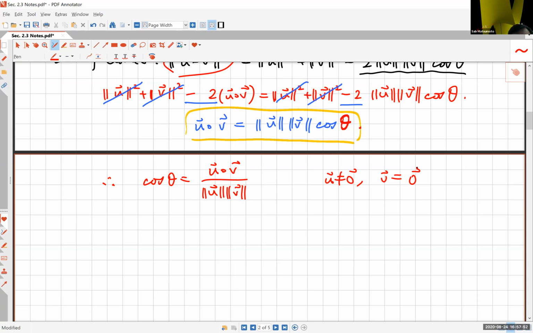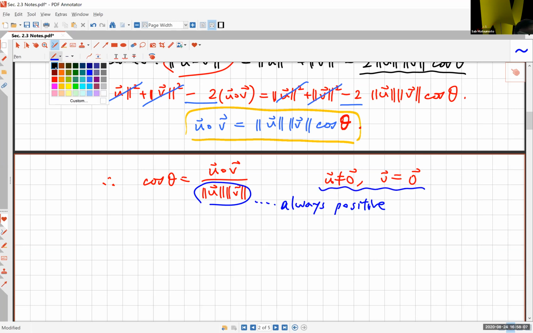By the way, something else here, this is always positive, right? Now, again, I'm assuming that neither of them is a zero vector. So both of these are positive, and the product of two positive numbers is also positive.